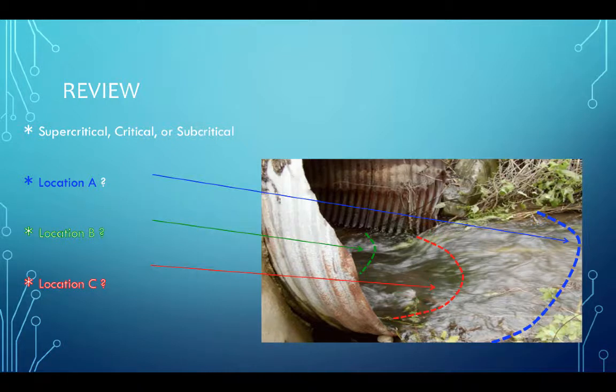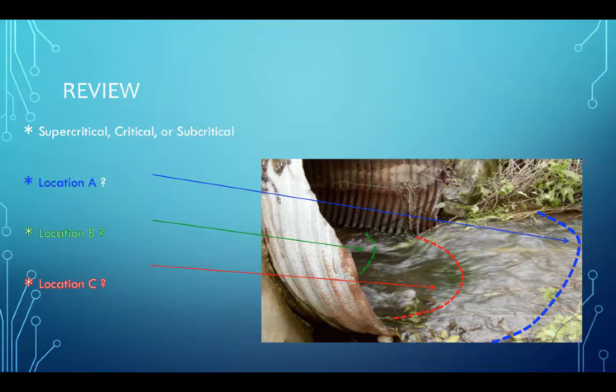Quick review, if we look at this flow that's going into this corrugated pipe, we actually have all three flow regimes manifest here. Location A, which is the blue dashed line, the flow is most likely subcritical, but it's starting to accelerate to make it into the inlet or into the pipe.